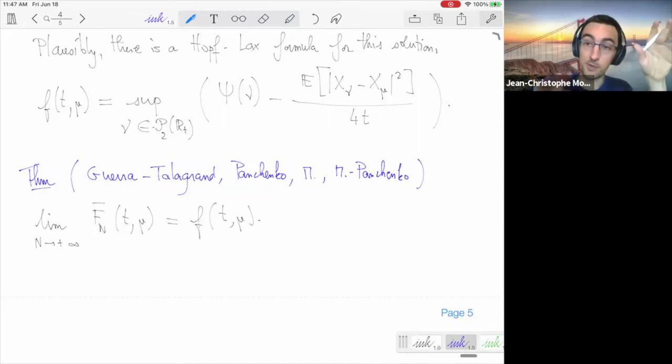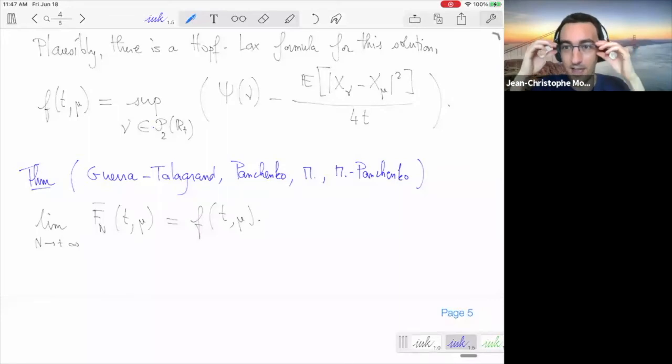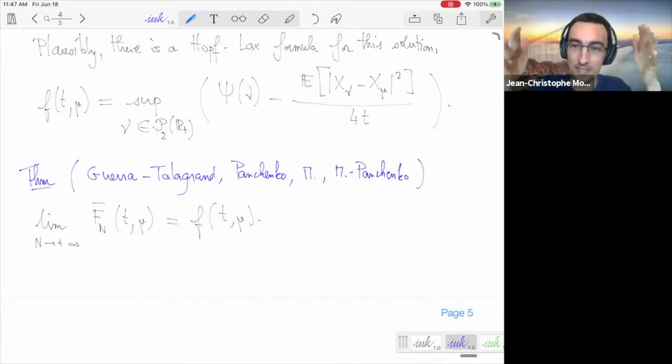Anyway, it's nice. It's reassuring, because it means that I have not annoyed you about this approach uselessly. It says that indeed it brings us on the right track. It actually identifies the right object.